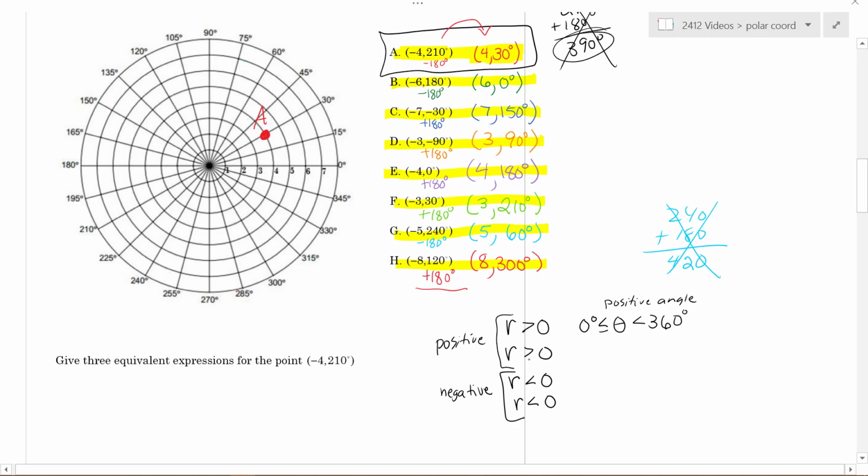And then we're going to have an R value that's positive, but combine that with a negative angle measure. To say that our theta is negative, we're going to put it between -360 and 0. In this case, the angle has to be in between those two, 0 being the largest. This is how we represent a negative angle.